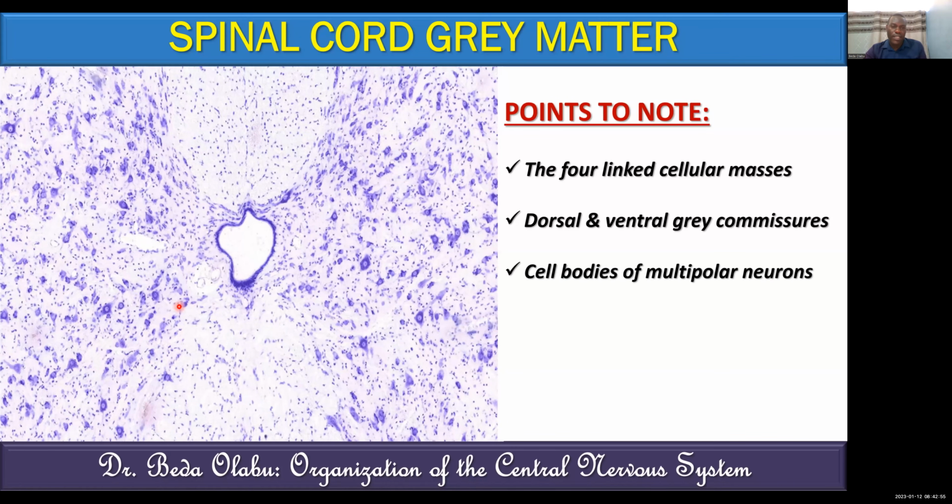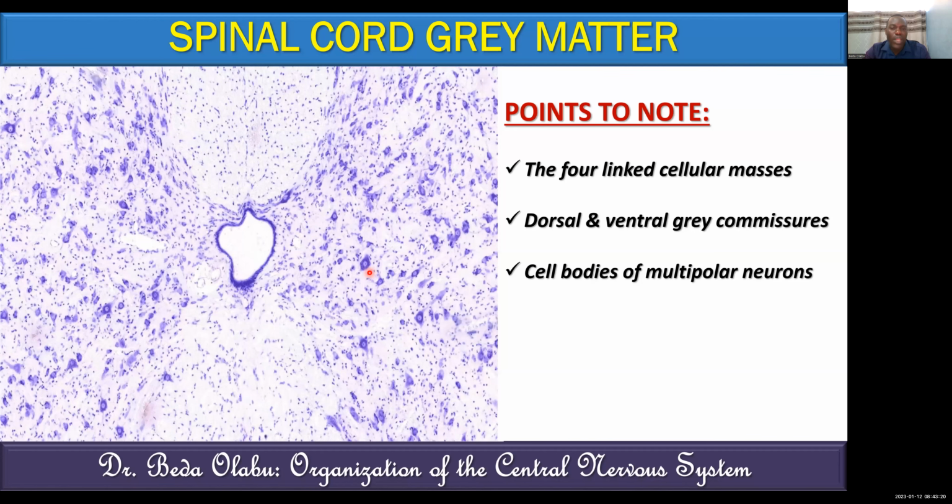Now, when you look at the gray matter, we see cell bodies of neurons. The type of neurons which are present within the spinal cord gray matter are multipolar neurons. So don't mention pseudounipolar neurons and bipolar neurons in the spinal cord gray matter.